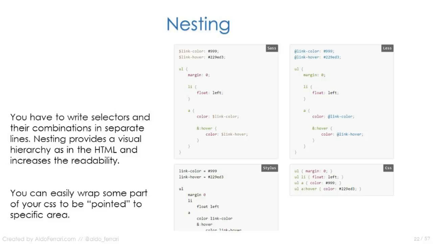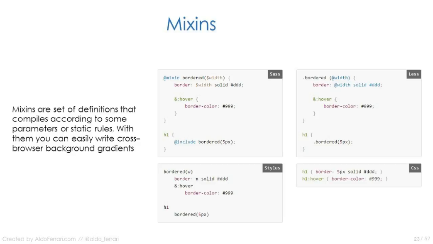What you see on the bottom right is what your browser will read and interpret after the compilation, which we will see in the second part of the presentation. So your Sass will be compiled into what you have on the bottom right of your page.